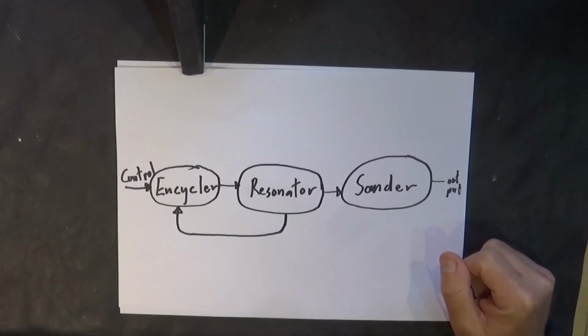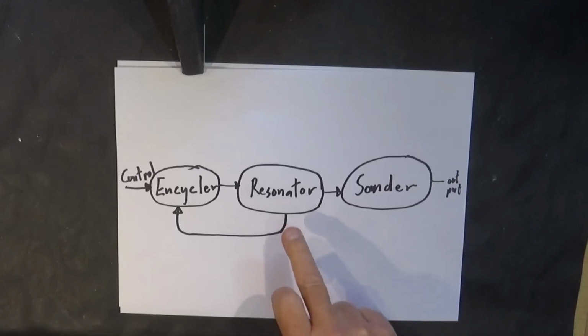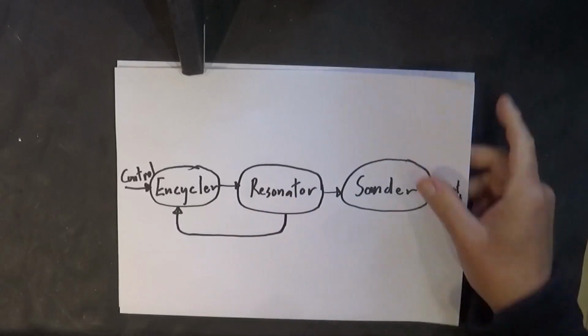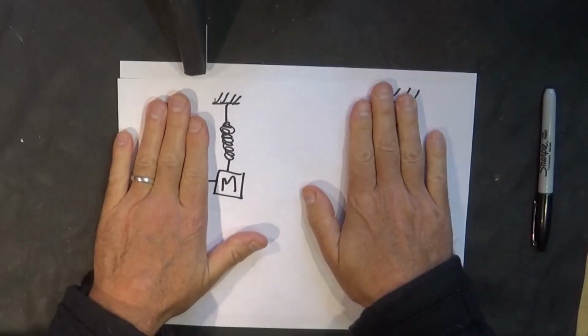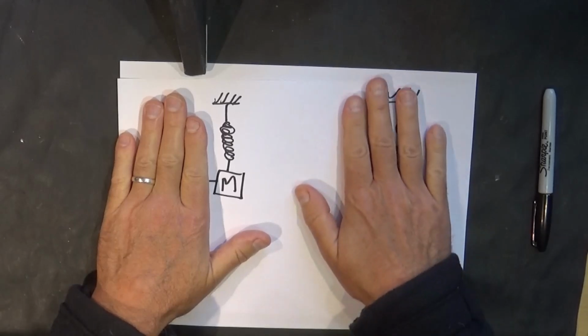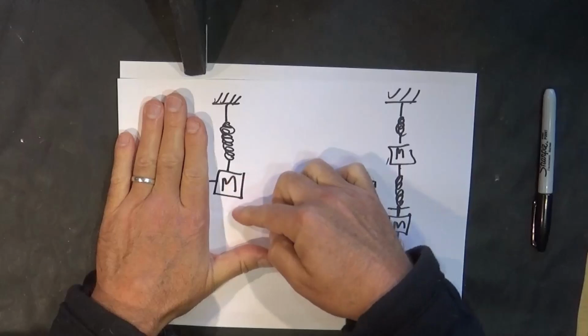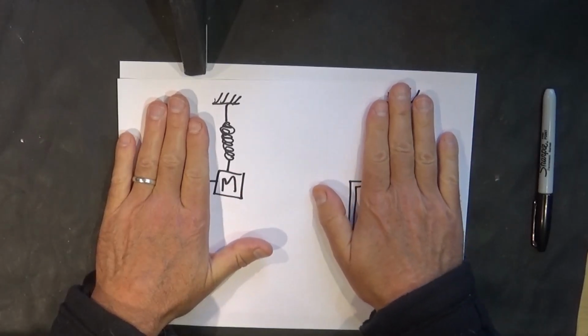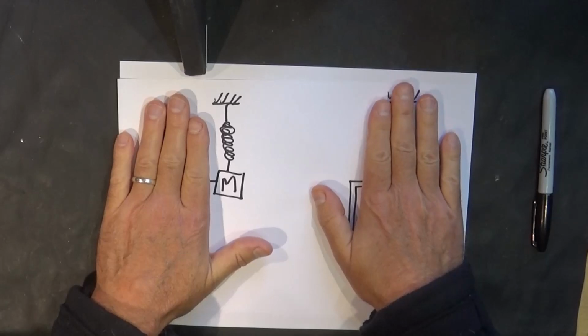Okay, so as I say, we're taking a fresh look here. So the first thing we're going to take a fresh look at is the resonator. Now, up to now we used a mass on a spring as our resonator, which is fine, we actually got it working, but you only get one frequency out of it, and most instruments have some more complex harmonic content.